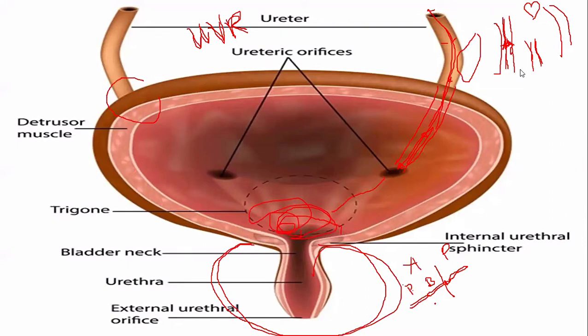Again, doctor, what are the components of the anterior urethra? Penile and bulbar. What are the components of the posterior urethra? Membranous, and then the prostatic urethra.